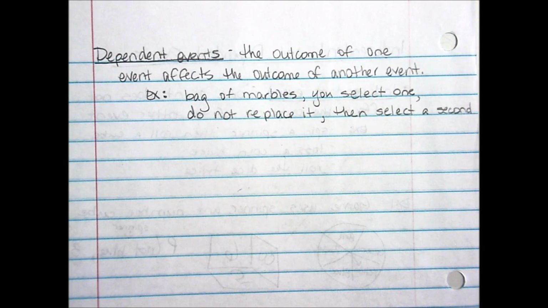So dependent events will happen when you have a group of something and I choose an item and then I keep it. Then somebody else can come along and choose an item, but they can't have the one I chose because it's already out of the group.